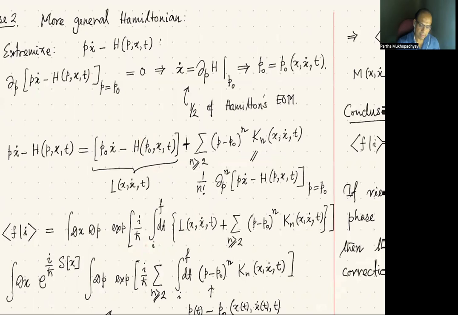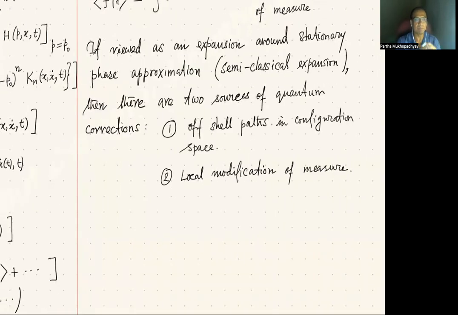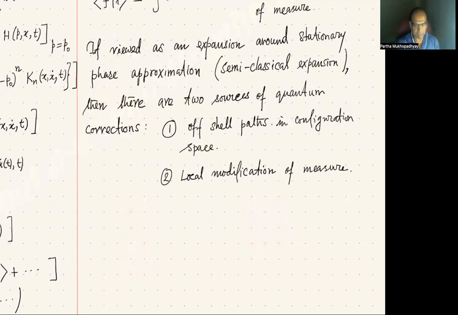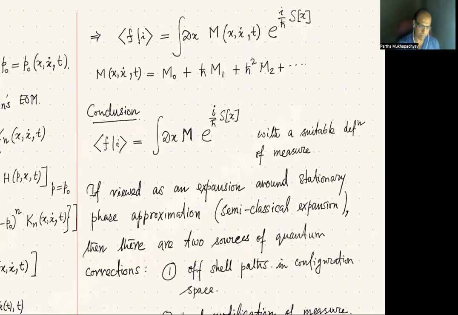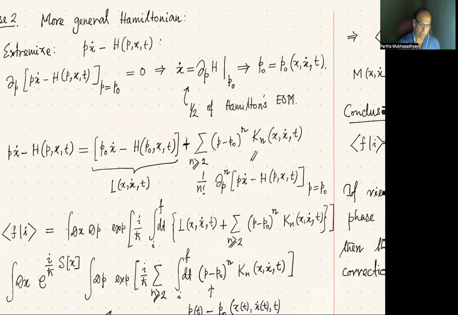Then this measure is deformed, has an h-bar deformation, which means that the space f, curly f, is not any more like a flat space for which we got measure dx dy. It has become more like a sphere. Okay, that means the space has changed, and that is a quantum deformation of the function space. And this quantum deformation is coming because of the quantum corrections to the Legendre transformation itself that we described.